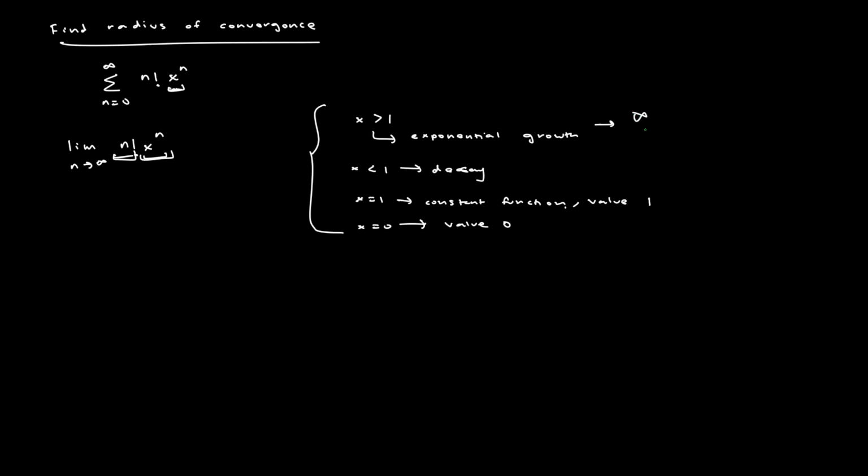Now, if we have x less than 1, although we do have exponential decay, the limit as n tends towards infinity of x to the n goes towards 0 for x less than 1. Before, we showed that the factorial function grows faster than the exponential function.